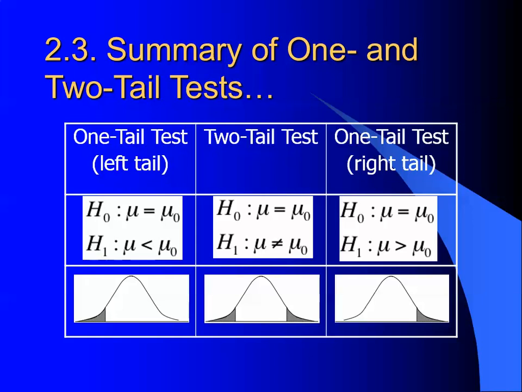I'm just talking about changes, confirmed changes. In a one-tailed test, the null hypothesis will not be changed. Look at the first row, only the alternative will change. Instead of equal and not equal, we talk about less or greater.